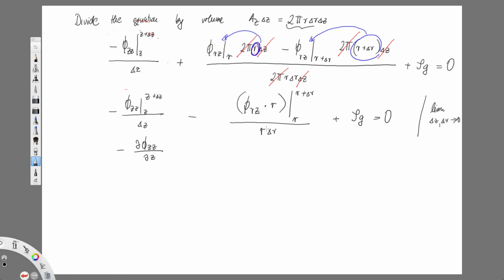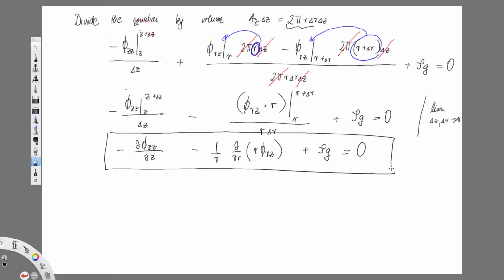Nothing happens to r, it remains r, so it's minus 1 over r times the partial derivative with respect to r of r times phi rz. Nothing wrong with that. And rho g remains rho g.